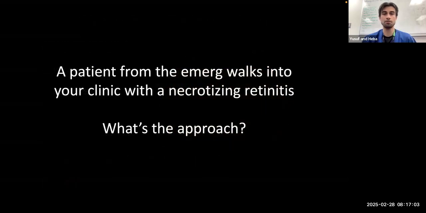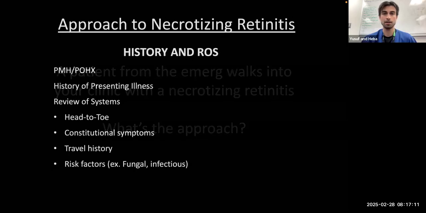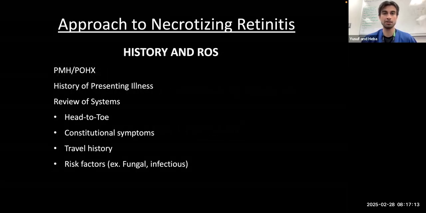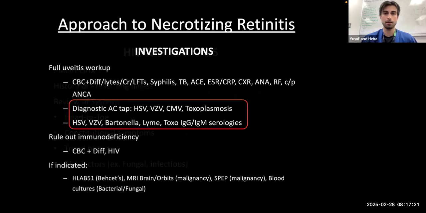So let's say a patient comes from the emerge and walks into your clinic with a necrotizing retinitis. It's useful to have an approach as a starting point on how to deal with this. So of course, with any uveitis, it starts with a history and a review of systems, head to toe, constitutional symptoms, risk factors, and so on and so forth.